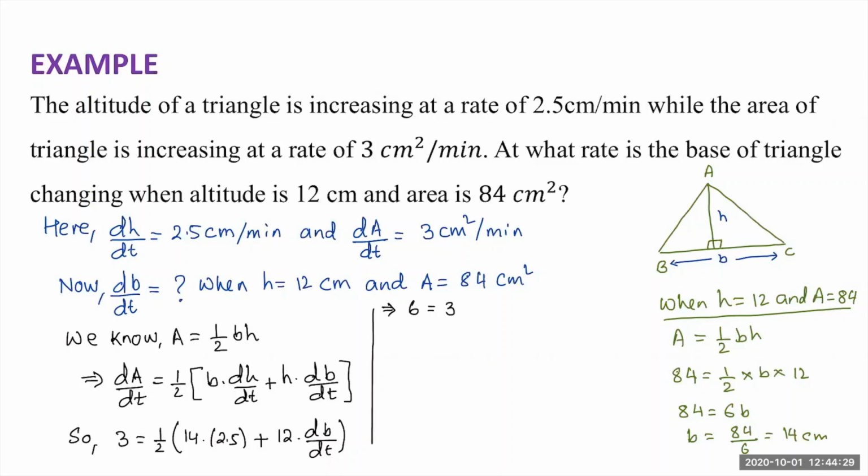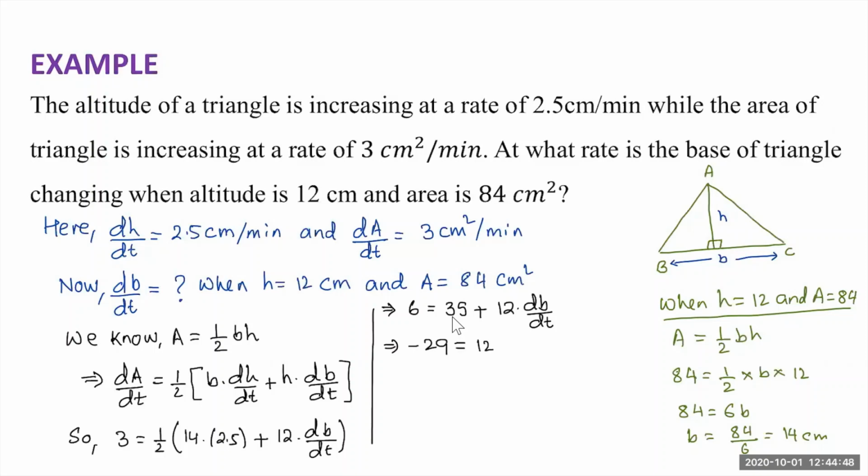You can try that in your calculator. Plus 12 dB over dt. Then subtract 35 on both sides. 6 minus 35 is negative 29.